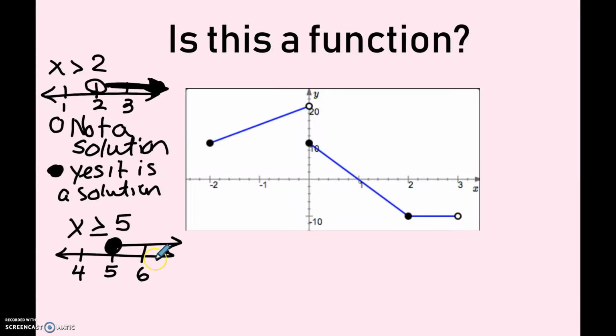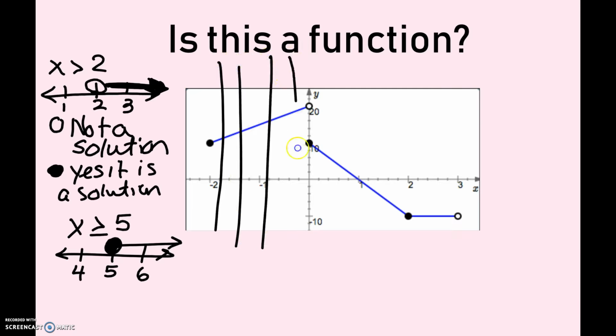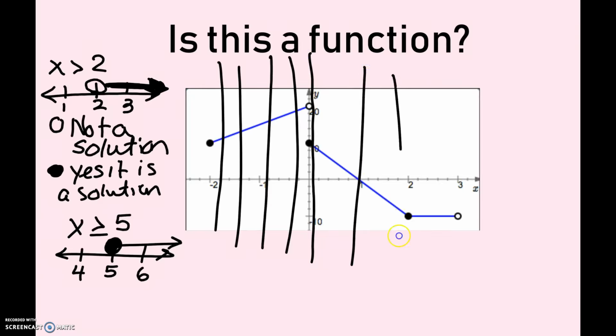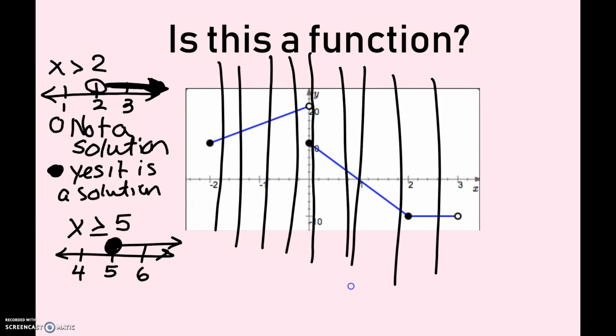So keeping this idea in mind, if I were to draw vertical lines down the center of my graph, I'm going to hit each point only once, except something strange goes on right here. If I were to draw a vertical line through these 2 points, I would hit both circles.